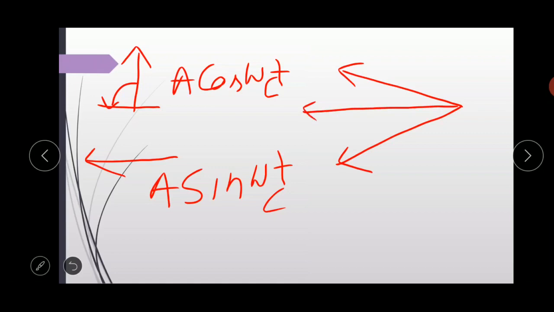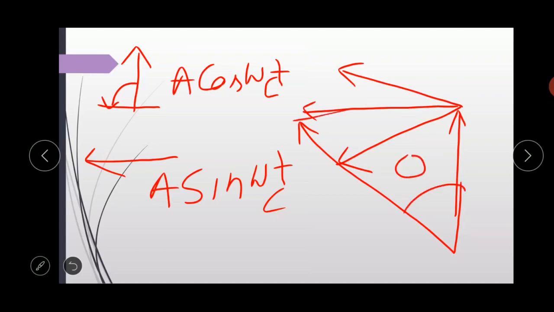This will increase the angle between the carrier and the resultant vector, so the angle phi also increases.